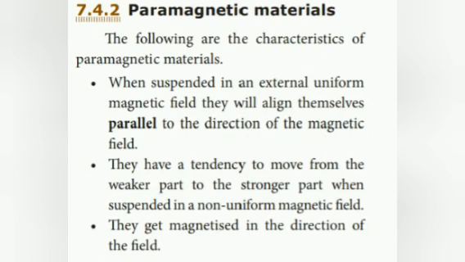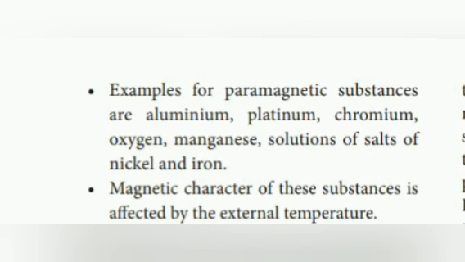They have a tendency to move from the weaker part to the stronger part, whereas in a diamagnetic material it moves from the stronger part to the weaker part. They get magnetized in the direction of the magnetic field. Some examples of paramagnetic substances are aluminum, platinum, chromium, oxygen, manganese and solutions of salts. These are all the examples.